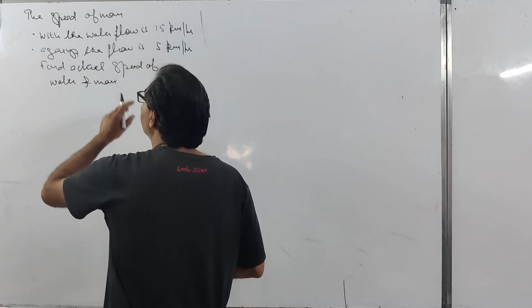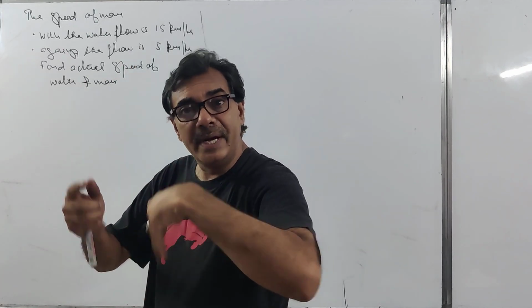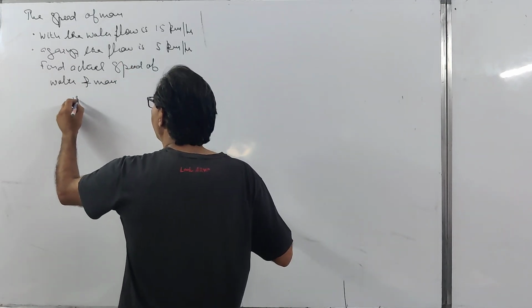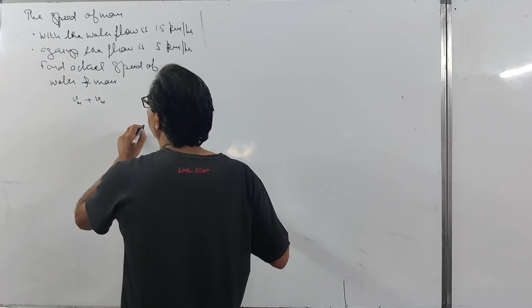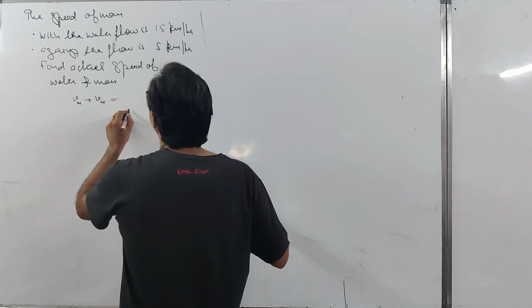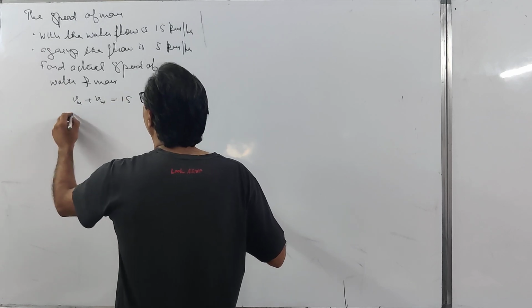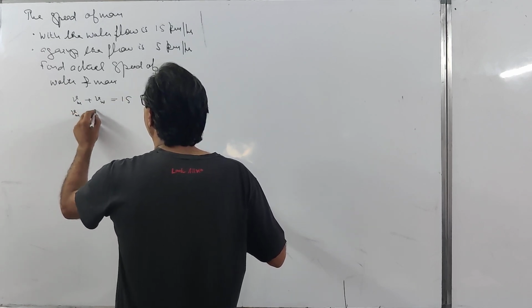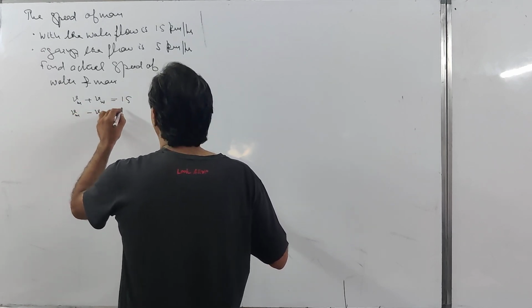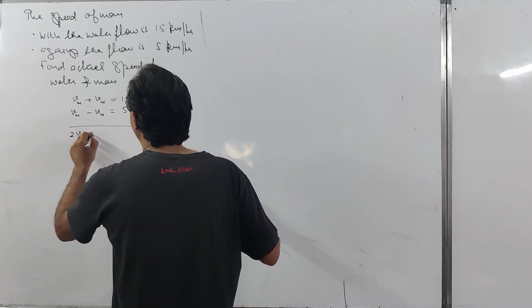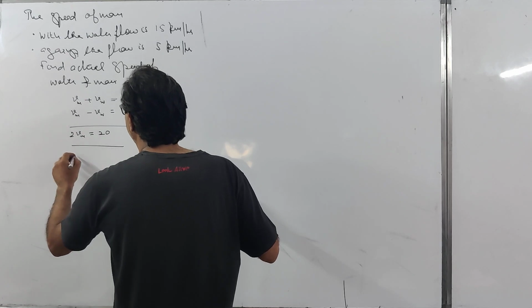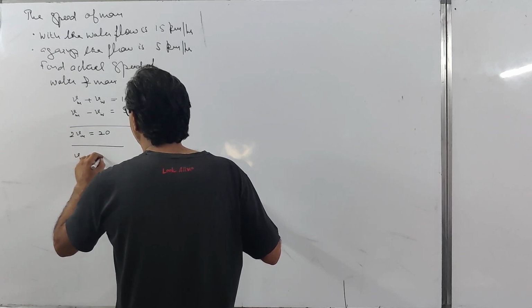Right? So with the water flow, speed will add. Velocity of man plus velocity of water is 15. Against the flow it becomes minus: velocity of man minus velocity of water is 5. Add them: twice velocity of man is 20, and Vm is 10 km per hour.